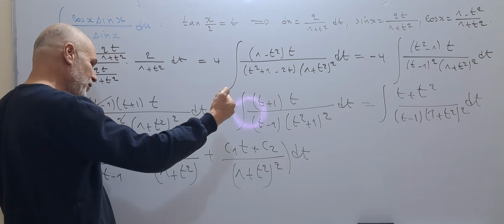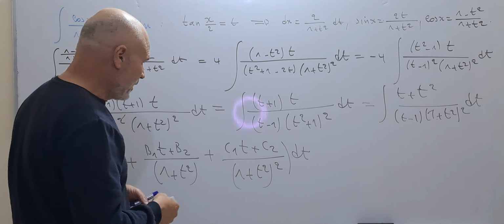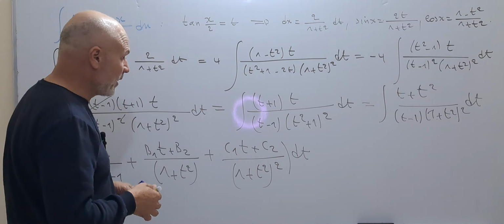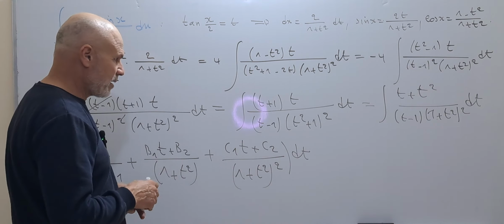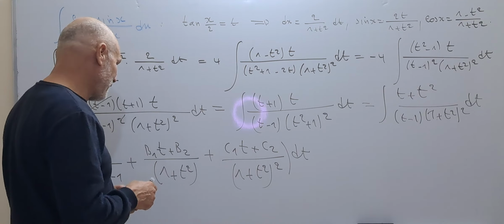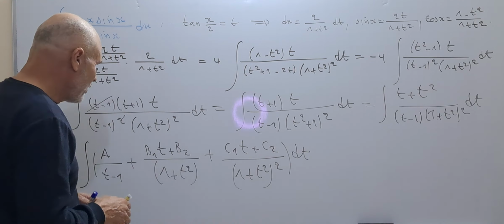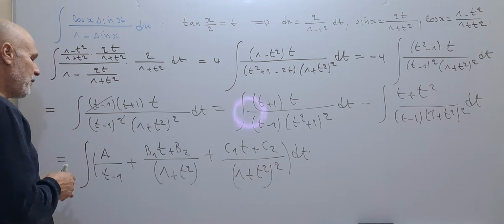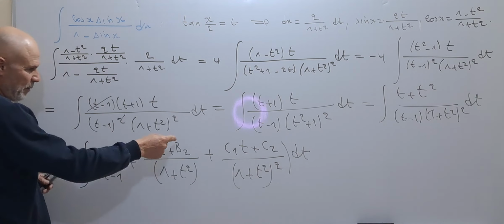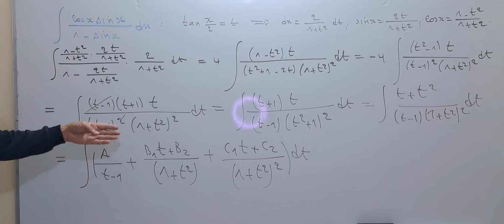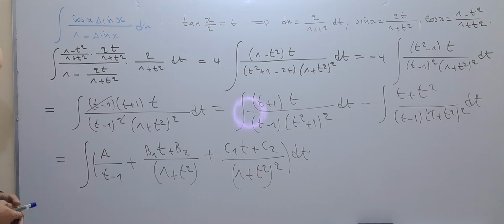So we have to identify, and by identification we get a system of 5 equations. We will get the values of A, B1, B2, C1, and C2. Then this becomes easy to integrate.